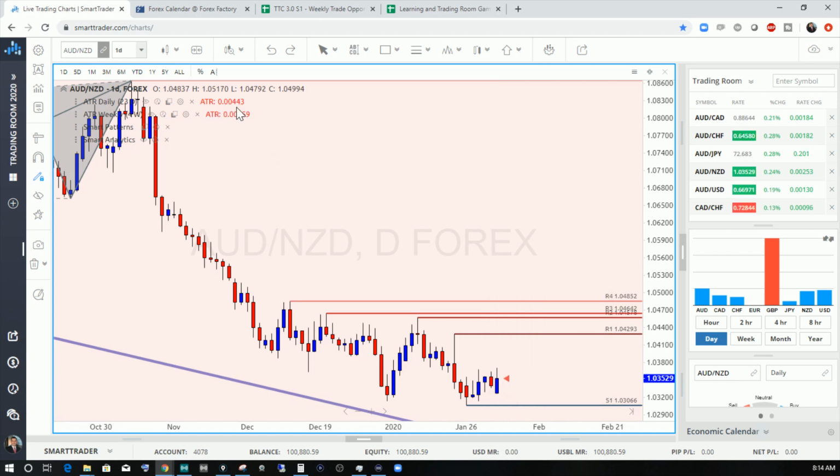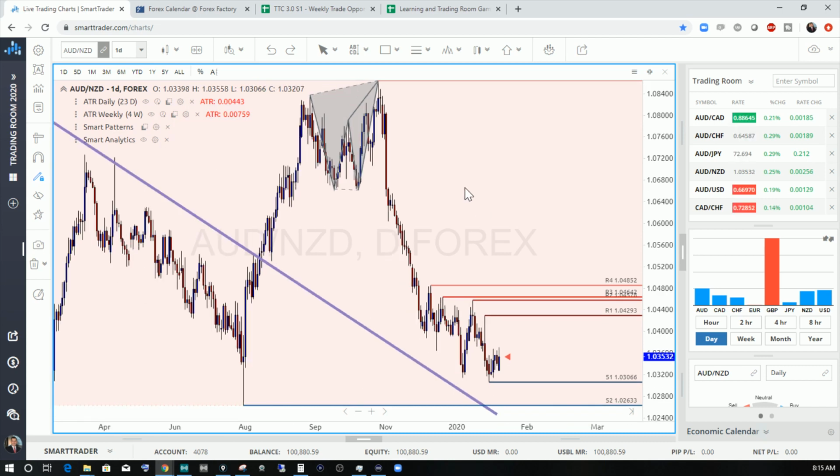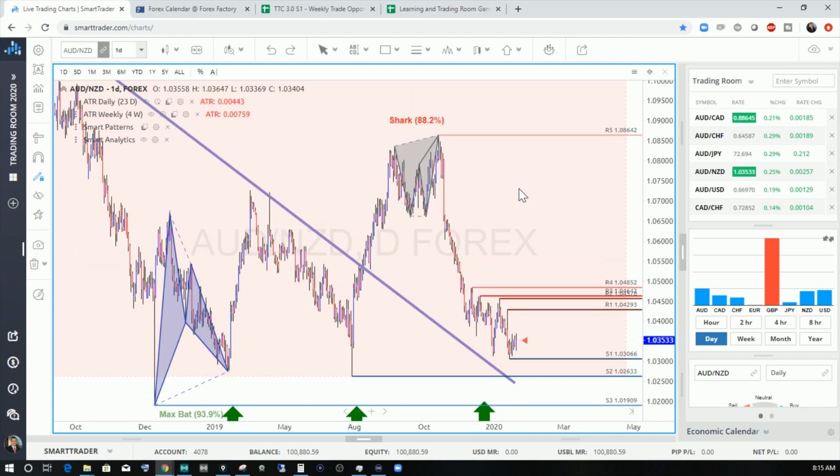So it has gone a little bit more than the daily trading range. We've moved from a low to a high 56 pips, with the daily trading range being 44. So we've exceeded the daily trading range for the day. So not a lot of action expected still this morning, but we'll keep an eye on the rest of the week and see if we start seeing that rally taking place.